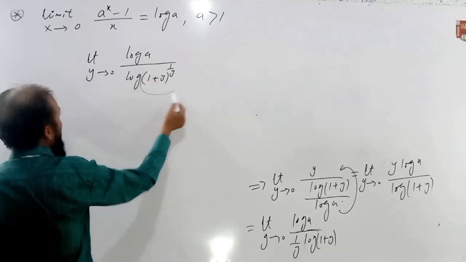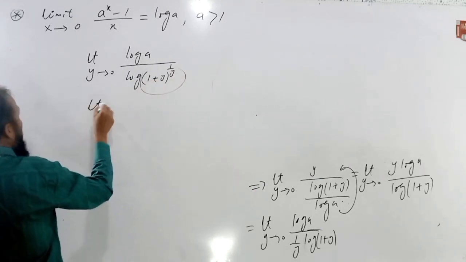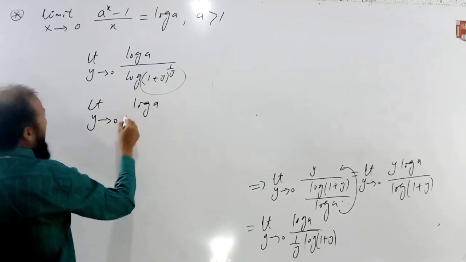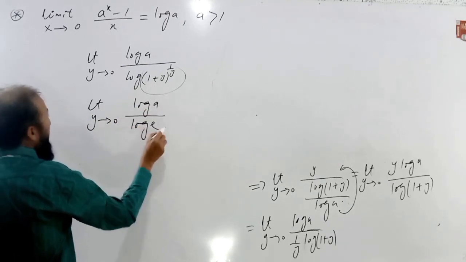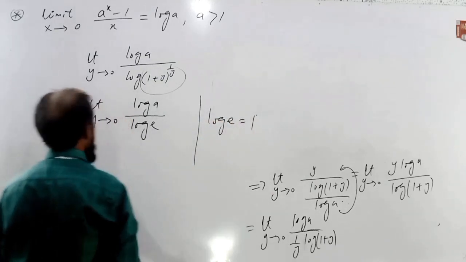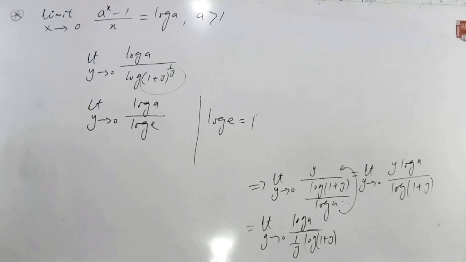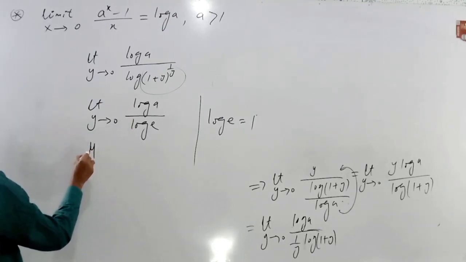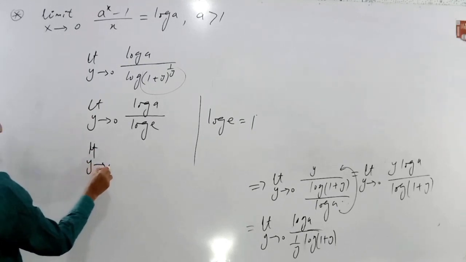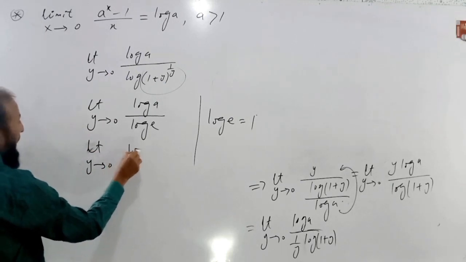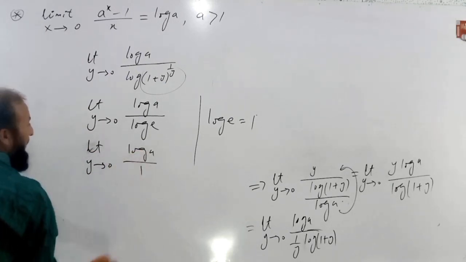Now this result will be equal to log of e. Limit y tends to 0, log of a divided by log of e. As we know, log of e is equal to 1. So applying the limit, the result is log of a divided by 1.